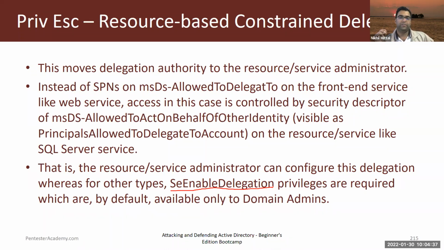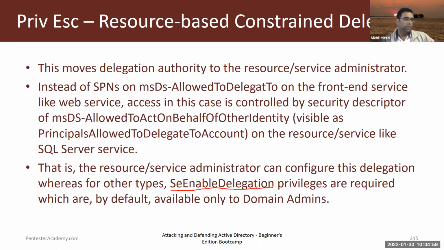Now, in Server 2012, Microsoft introduced resource-based constrained delegation. In case of resource-based constrained delegation, or RBCD, the authority to configure delegation is moved from the domain admin to the service administrator or the resource owner.